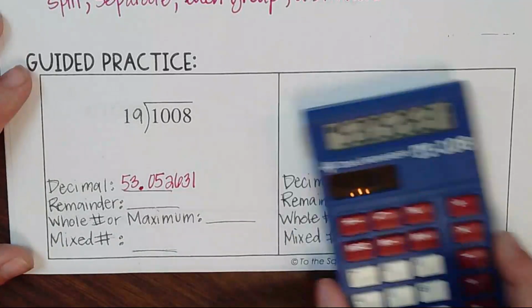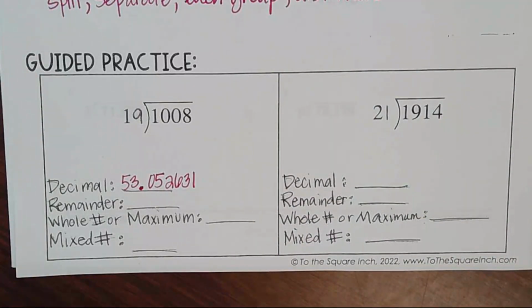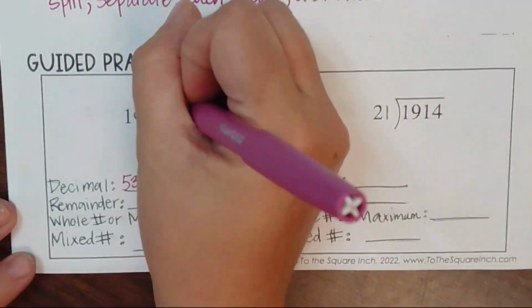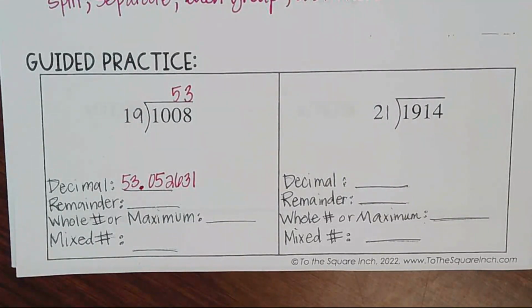All right. So now, look back at my steps up top. What was that first step? Divide. It says the whole number on the house. What does that mean? Well, what's my whole number? 53. And I'm going to make sure it lines up with the tens and the ones. Where else could I put 53?